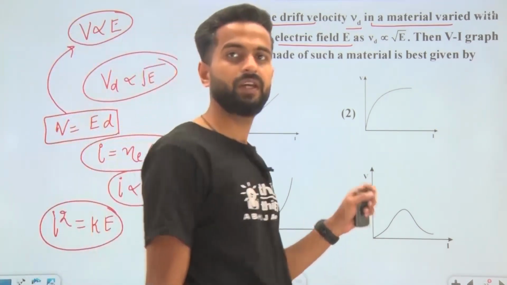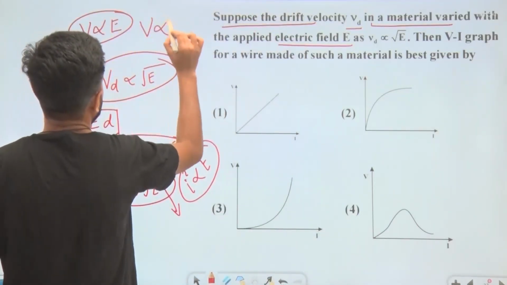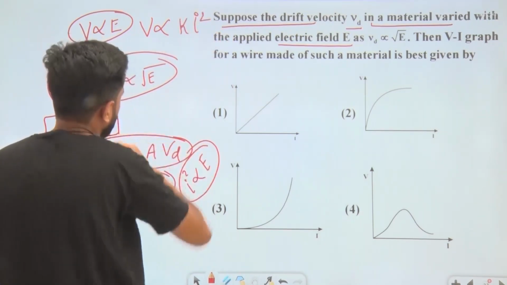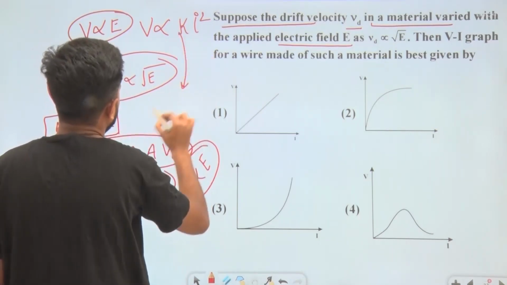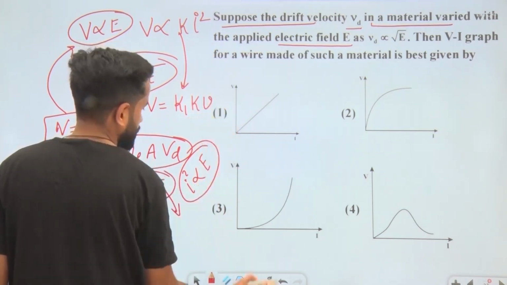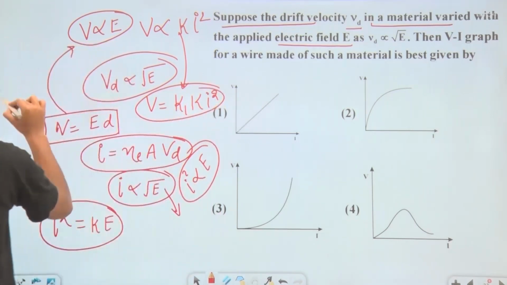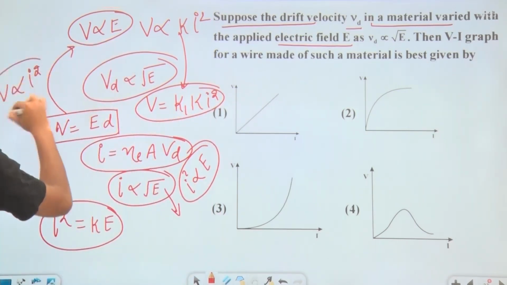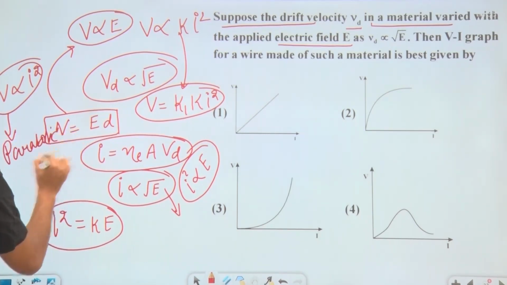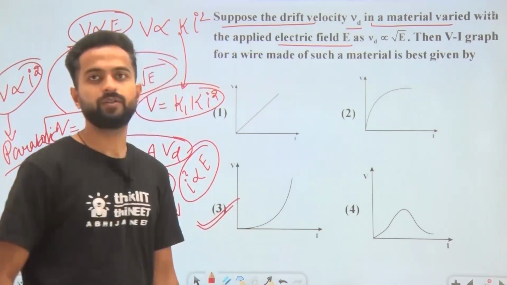So equating this here, we can write V is proportional to some constant K into I square, or simply V is proportional to I square. So the relation between them is parabolic, okay. So parabolically increasing, so option 3 is correct. Thank you.